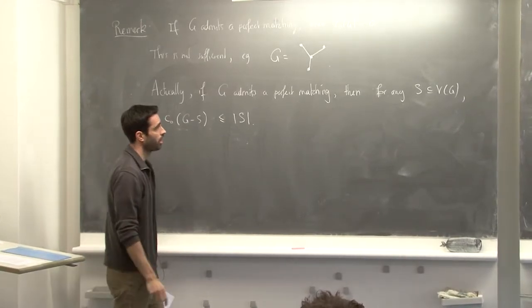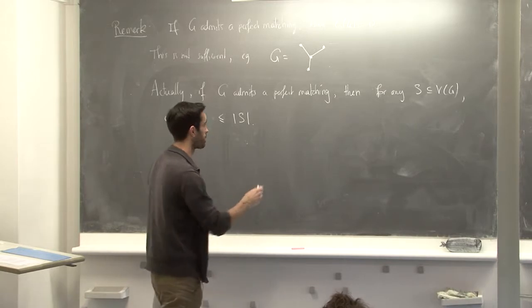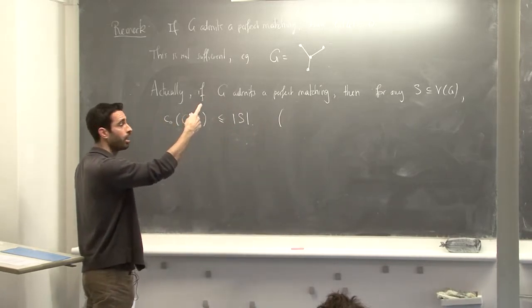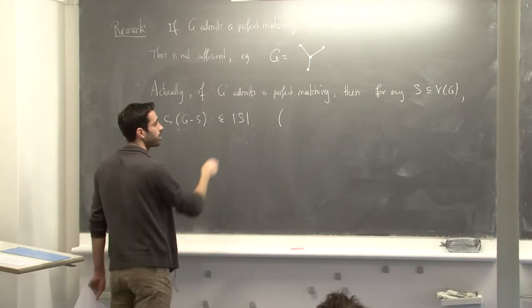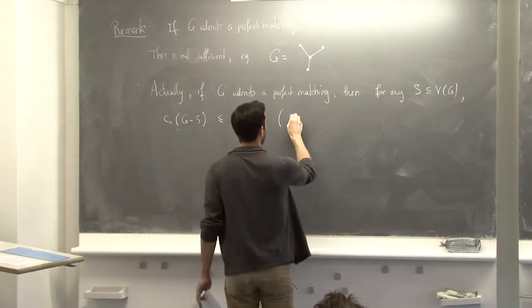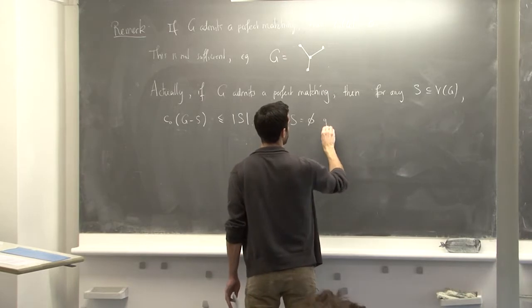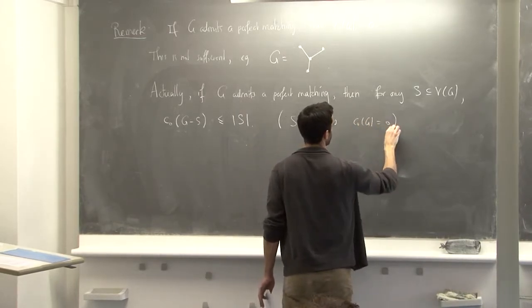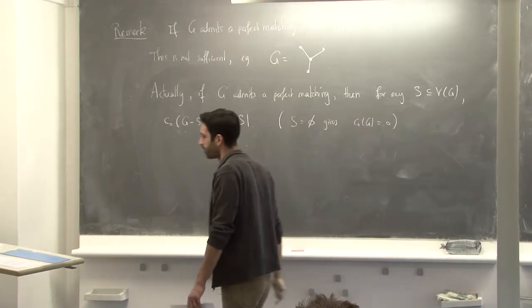I'm going to tell you why in a second, but just note that this condition is a refinement of the previous one, because the previous one corresponds to S equal to the empty set. S equal to the empty set gives CO of G equals 0.